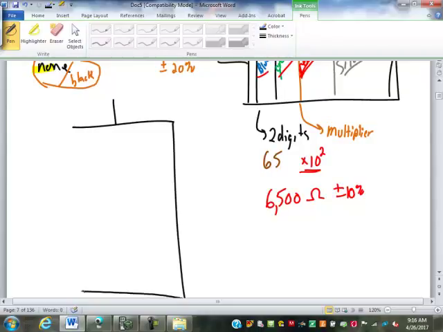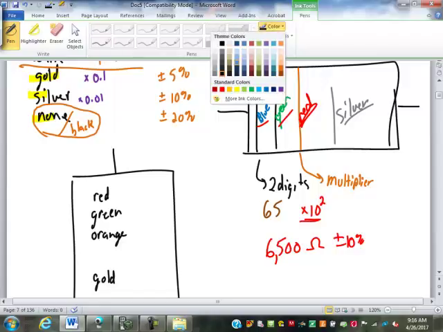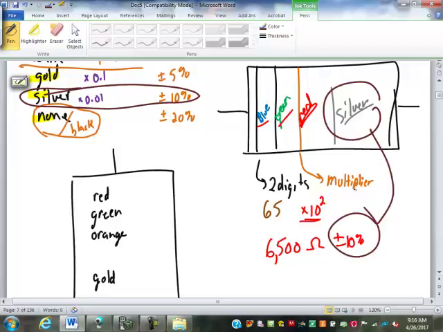Where's the silver tolerance band? Right here. Settings plus or minus 10%. Is it the tolerance or the allowance? Well, it's technically an allowance, but they call it the tolerance band.